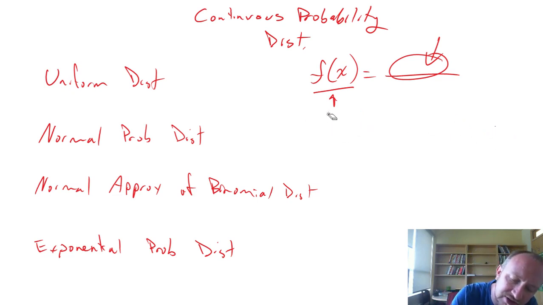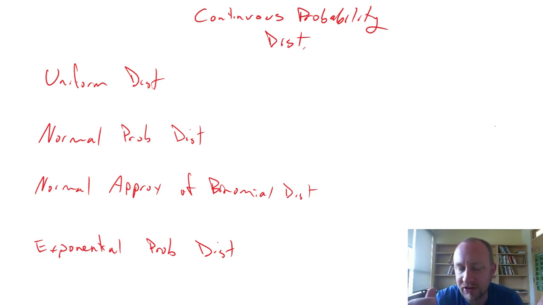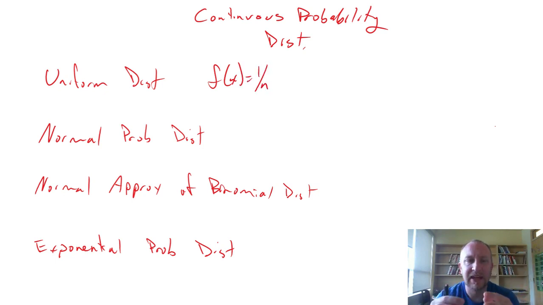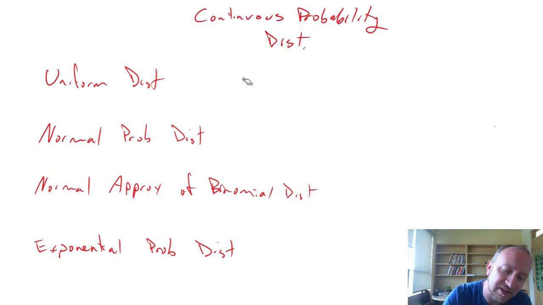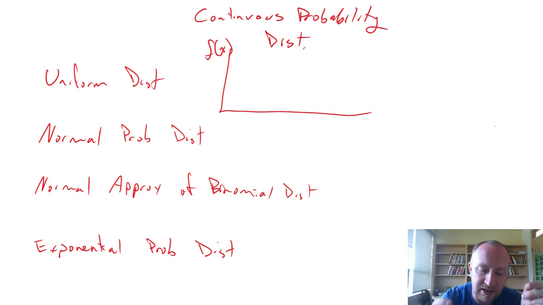If we consider a uniform probability distribution, we had a discrete version of this where any particular probability was equal to 1 over n. So every possible outcome had an equal probability of occurring. This is like the rolling the dice or the flipping the coin example. We can also have a uniform distribution in a continuous variable, and it would look something like this, where here we have the density function, not the probability anymore.